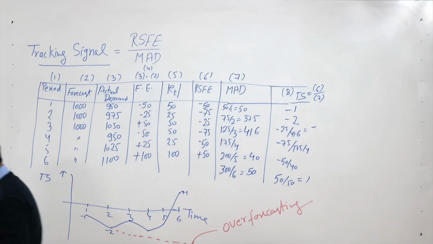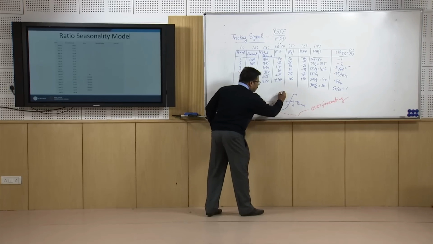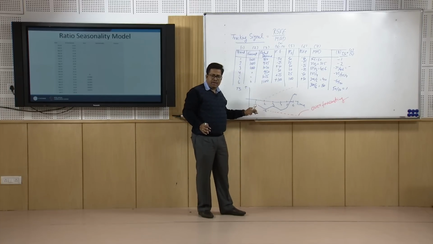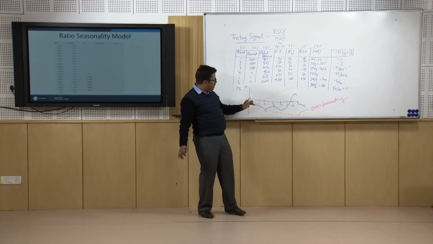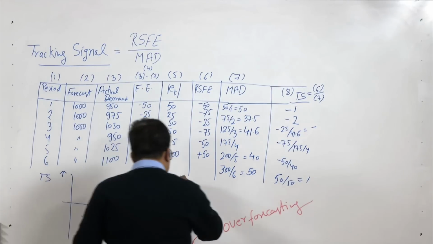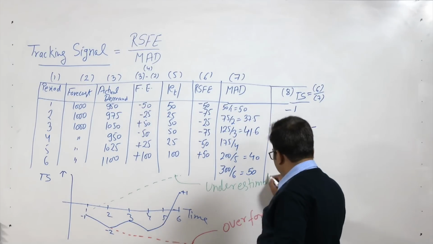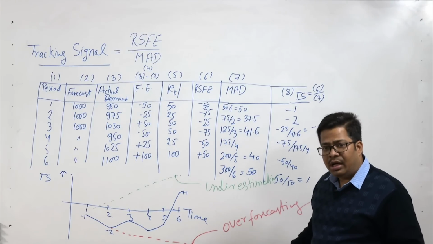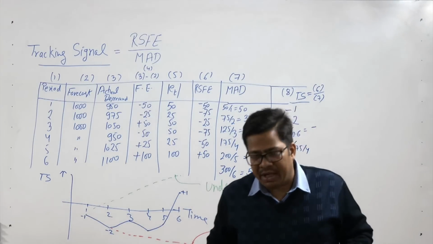On the other hand, if you start in this fashion and then you move this way, the dots representing the green line, if this type of tracking signal is there, where continuously the value of tracking signal is moving upward, so this type of tracking signal is representing underestimation, where I am forecasting less, the demand is more, and the physical significance is that I am not able to fulfill the demand of the market.